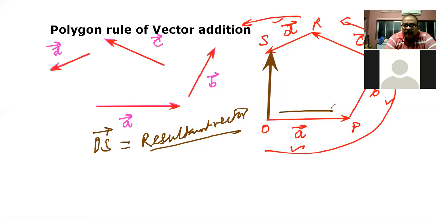So O to P, P to Q, Q to R, R to S. Their orders are the same, anti-clockwise type. Of the same order, then their resultant is represented both in magnitude and direction.